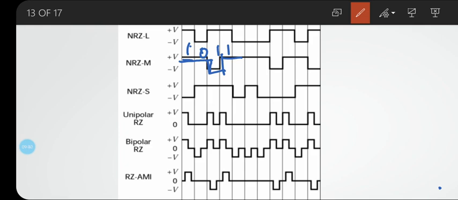No transition happens for 0; it continues in the same state as previously. This kind of technique we often refer to as differential encoding. It is used in magnetic tape recordings, and these are the things available in magnetic tape recorders.